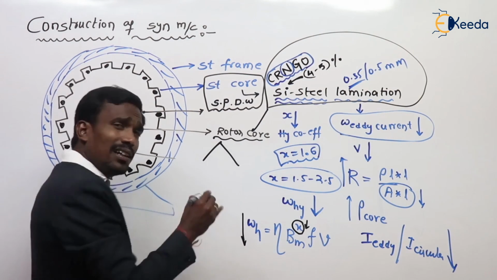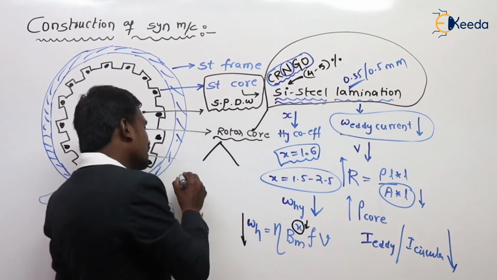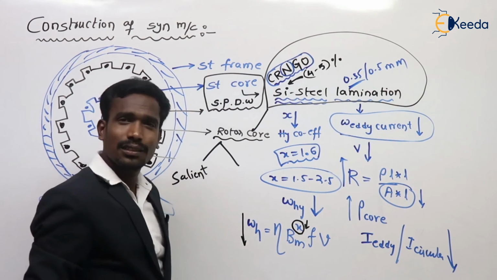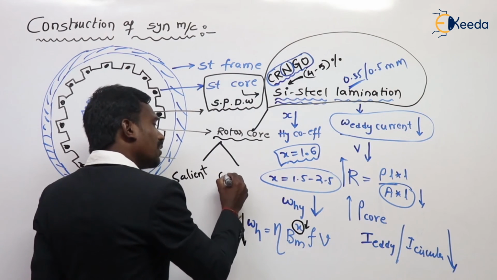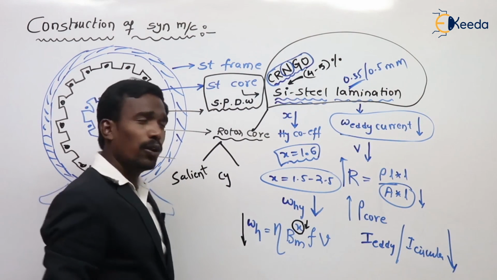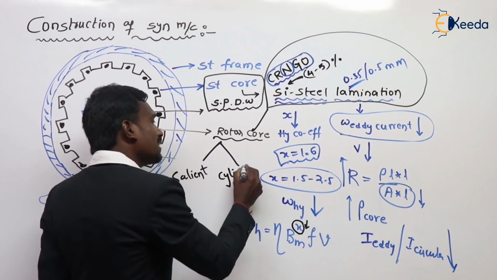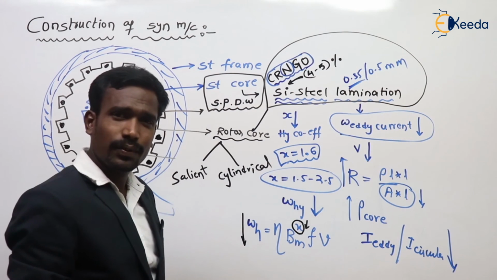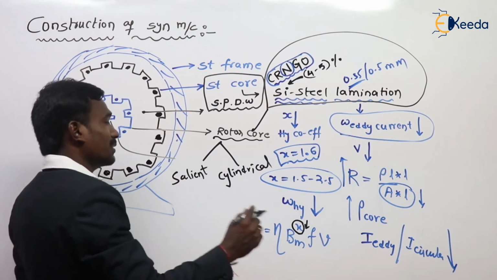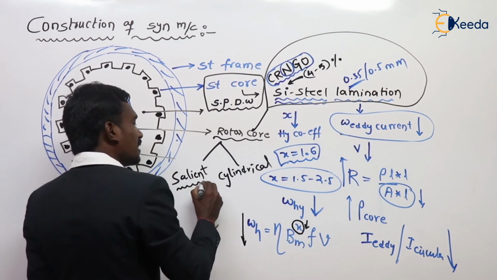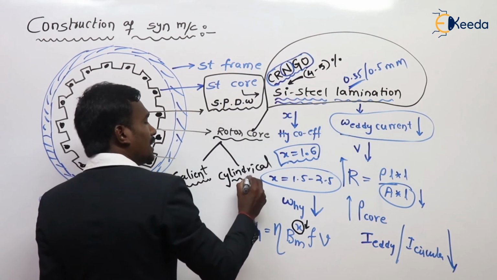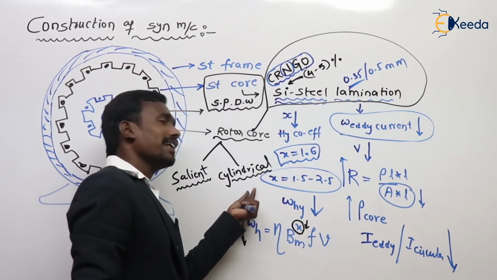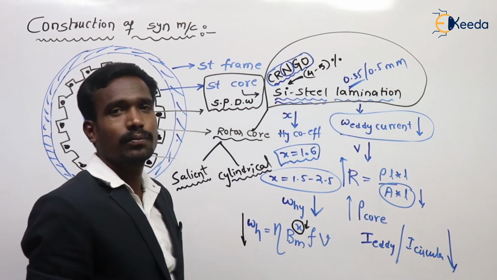One is called the salient pole rotor. The other one is called the non-salient pole or cylindrical type rotor. Synchronous machine rotors are of two types.